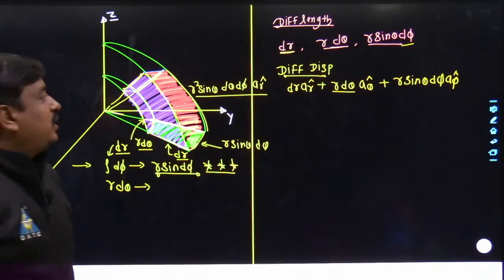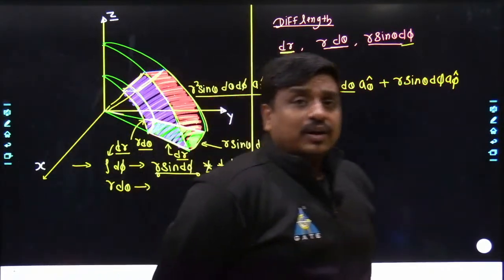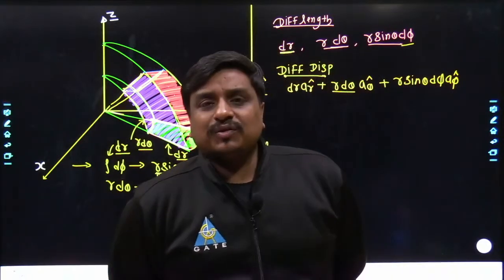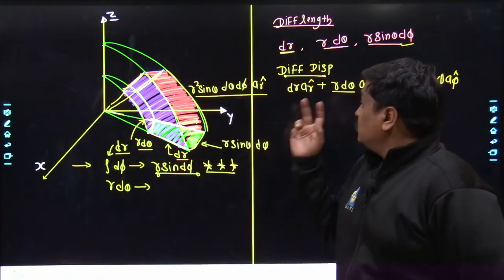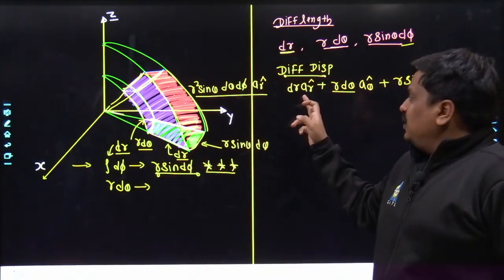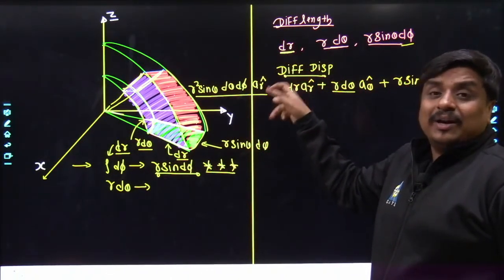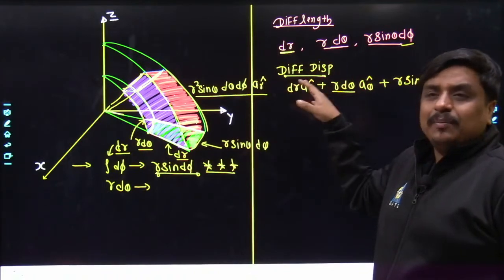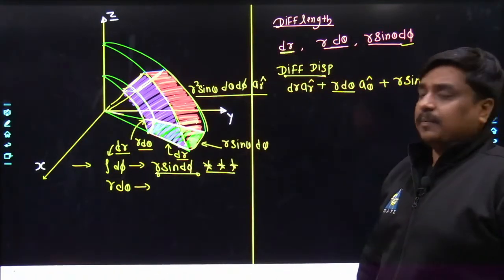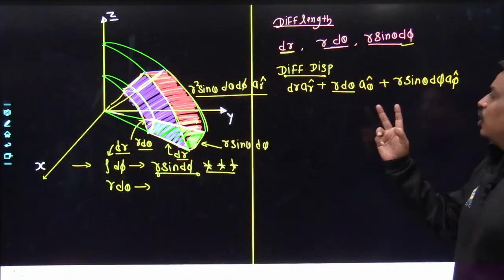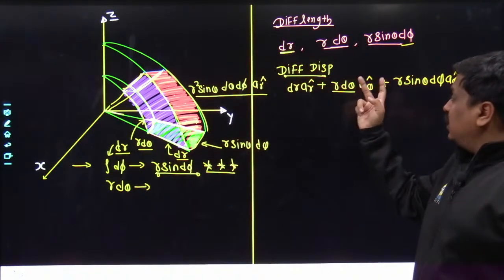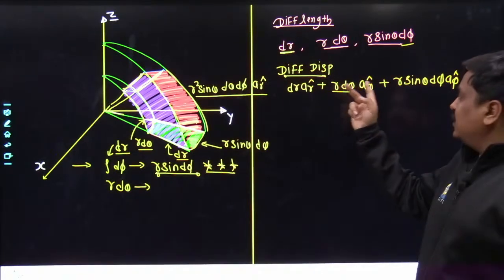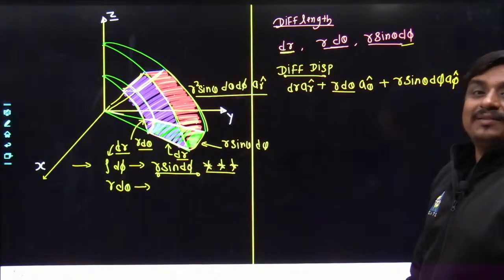So in future, whenever you are using the spherical coordinate system and you come across a situation where the differential length has to be used, it has to be used in this way. There is no component added or multiplied with dr, so dr would remain bare, multiplied with a r cap. Similarly, d theta comes along with r, so it is r d theta in the direction of a theta cap.